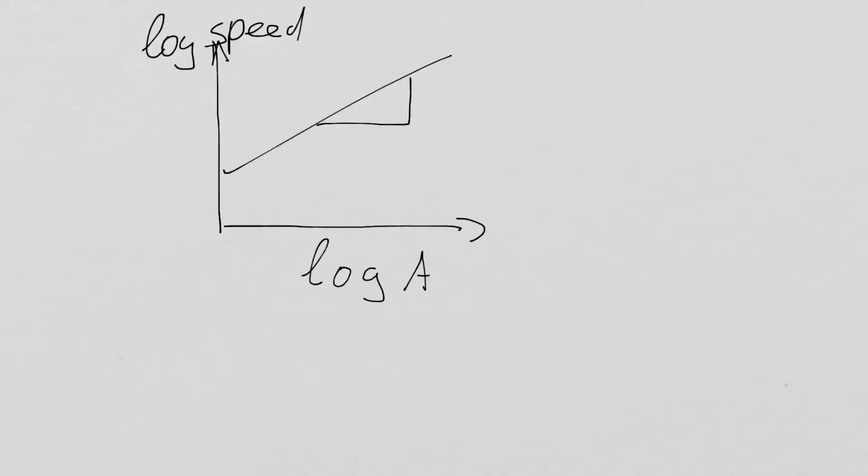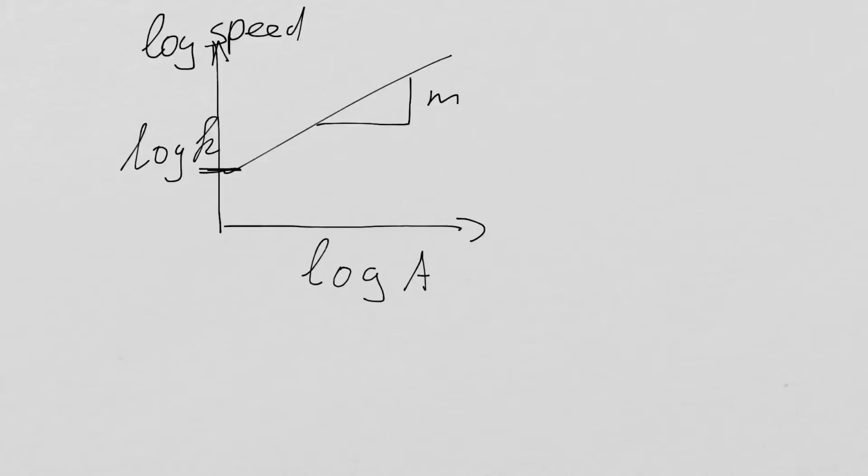The gradient of this straight line is our M, that's our rate order. And this intercept here would be log K. So that's, in a way, how you can graphically find out the order of a reaction if you have a set of data.